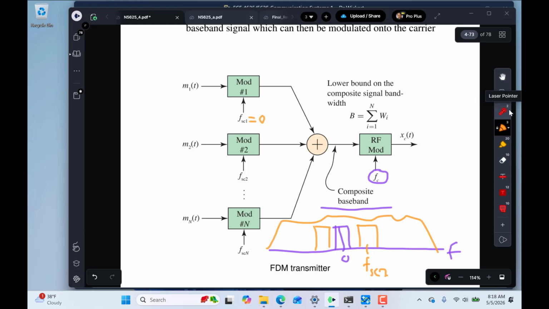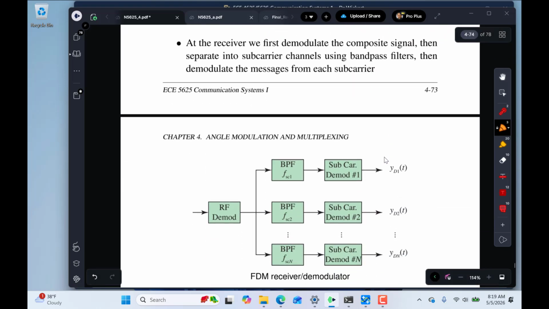At any rate, modulate those on a carrier that's going to transport all of them through space, and then you receive it, and you first demodulate it off of the carrier, and then you demodulate the subcarriers. So at the receiver, we demodulate the composite signal, and then demodulate the individual subcarriers.